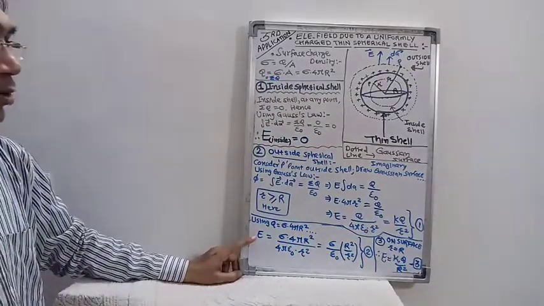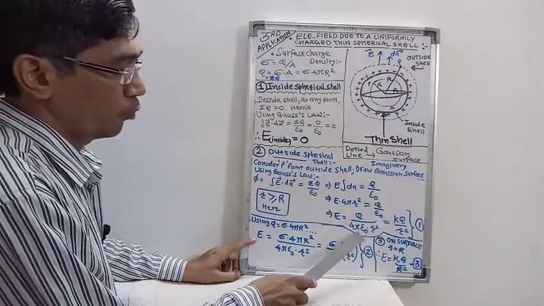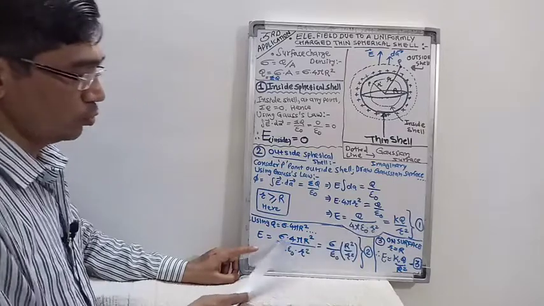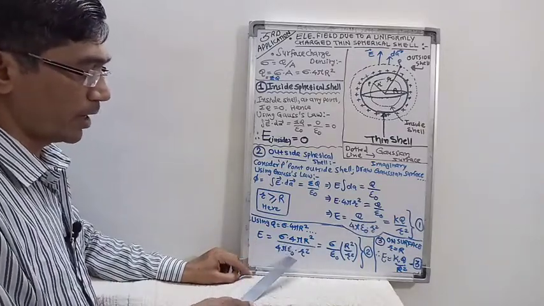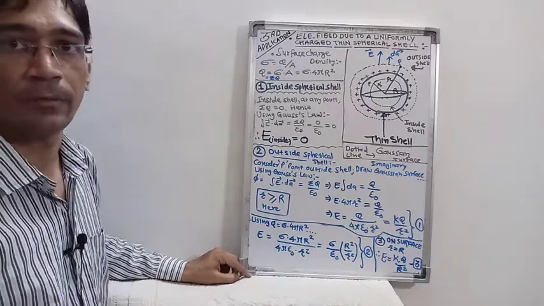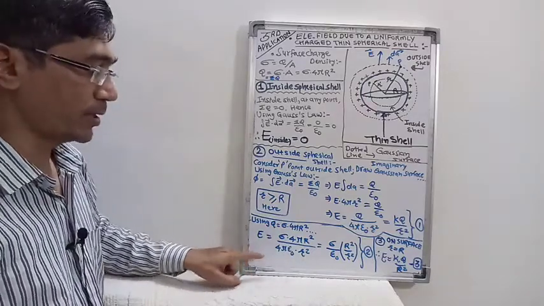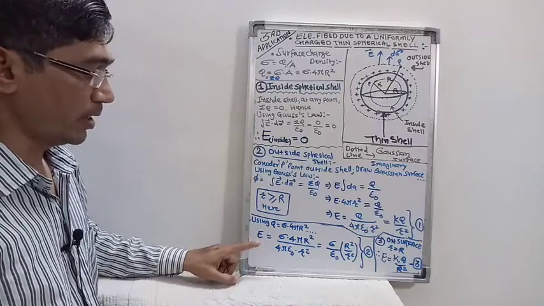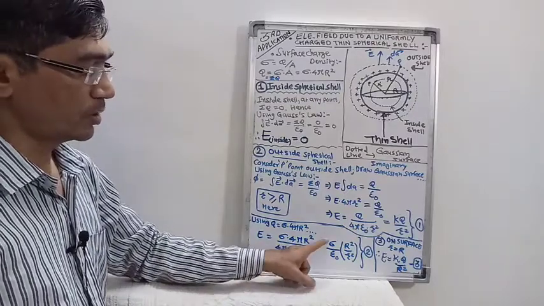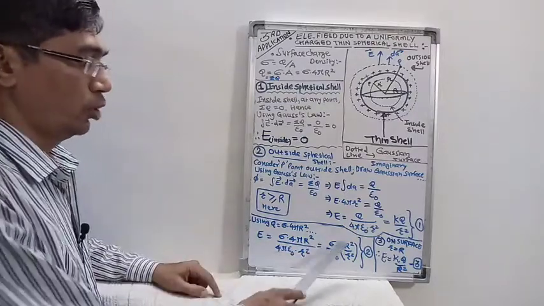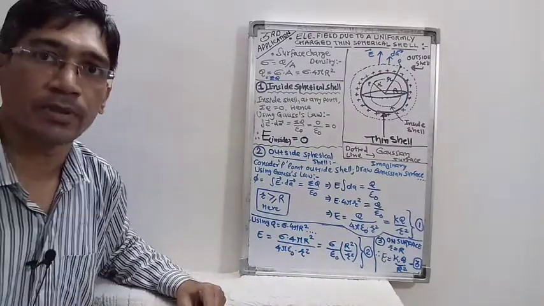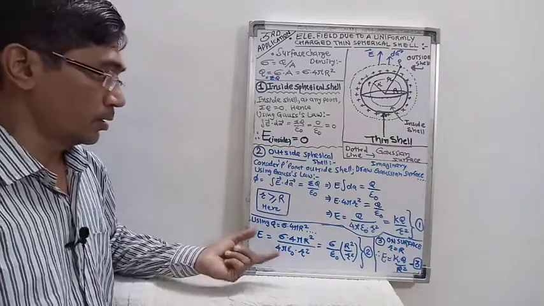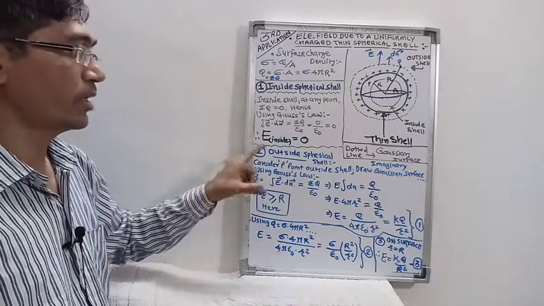So E is equal to Q upon 4 pi epsilon 0 r square, which is equal to sigma into 4 pi capital R square upon 4 pi epsilon 0 into small r square. So 4 pi is cancelled and we get the electric field E is equal to sigma upon epsilon 0 into capital R square upon small r square. This is the second equation, and this is the electric field outside the spherical cell.